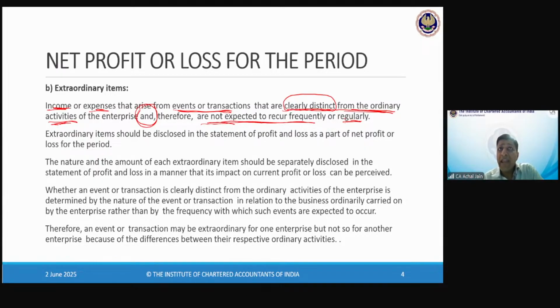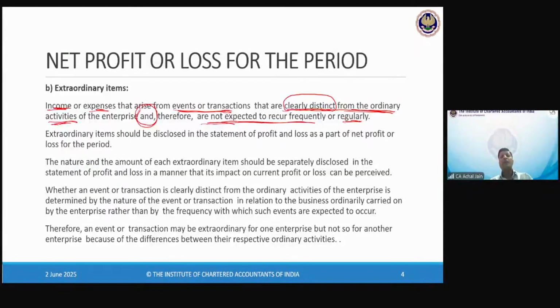Now, if you have any such transaction which is resulting into income or an expense, it could be either way, you will call it an extraordinary item. Will that be recorded? Answer is yes. Will that be recorded in the P&L? Answer is yes. But in the P&L, when you record it, it is required to be presented as a separate line item.